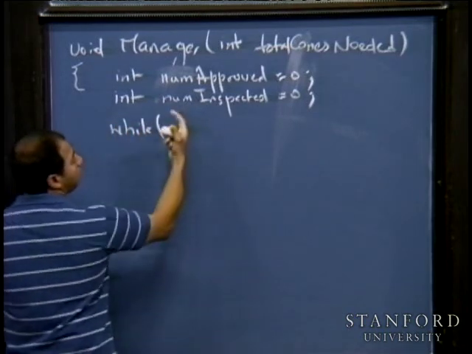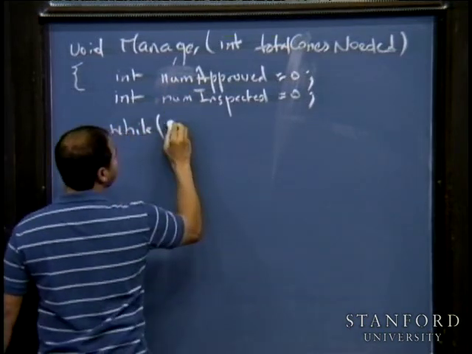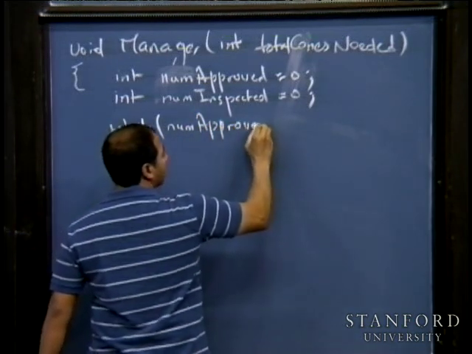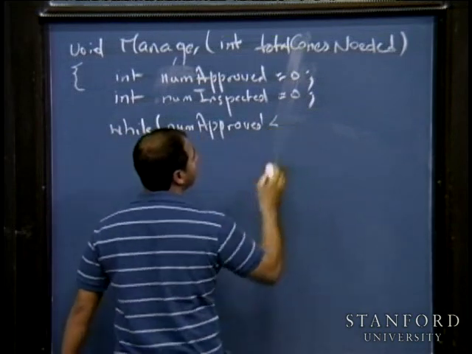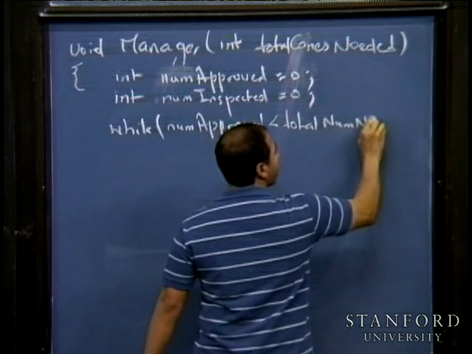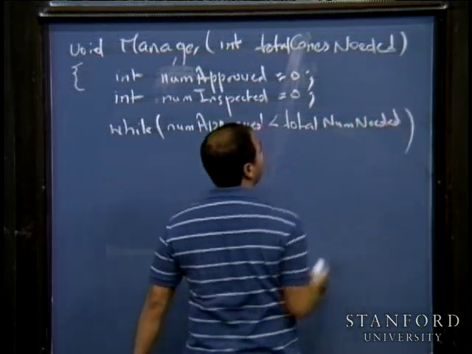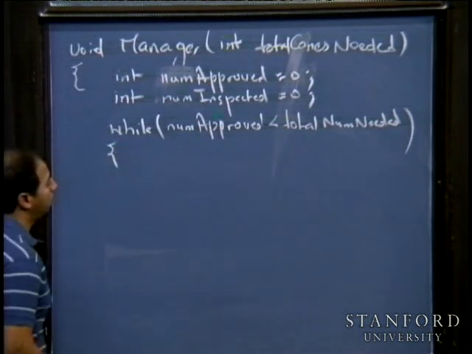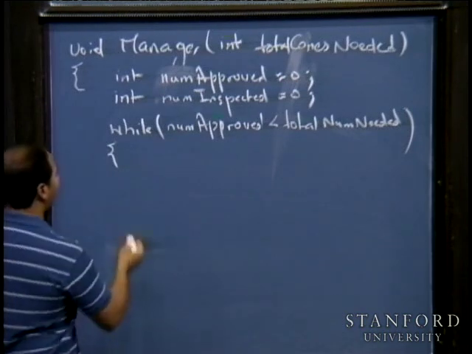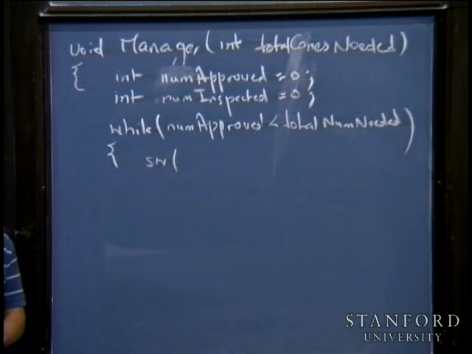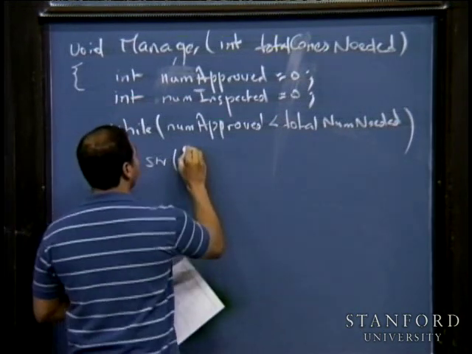So what we need to do is the following. While the number approved is less than the total number needed, then you can't go home. You have to keep waiting and keep inspecting, right? So while this is the case, what you want to do is wait until a clerk requests your service, right?